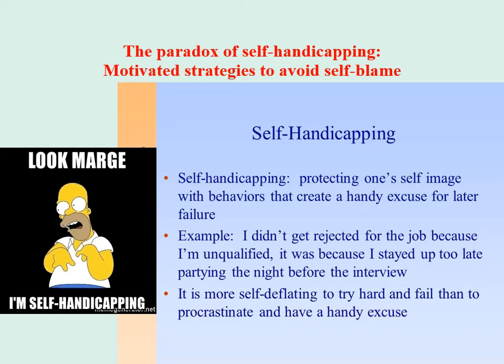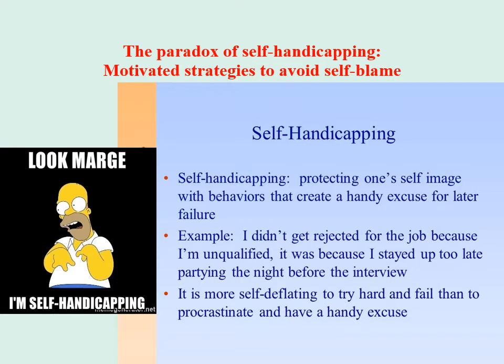Self-handicapping occurs when, in order to protect our self-image and positive identity, we try to create excuses for the likelihood of failing at a particular task. For example, somebody might say to themselves, I didn't get rejected for the job because I'm unqualified. It was because I stayed up too late partying the night before the interview.